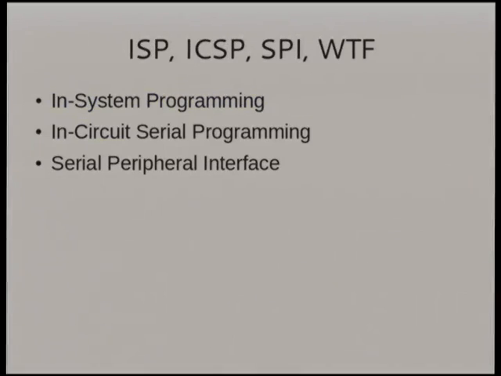But how do you actually program it? So without being able to have USB upload, you've got to have another method. So there's a way of doing it called in-system programming or in-circuit serial programming, which for an Arduino device happens to run over the SPI or serial peripheral interface bus, just to throw all those acronyms in.